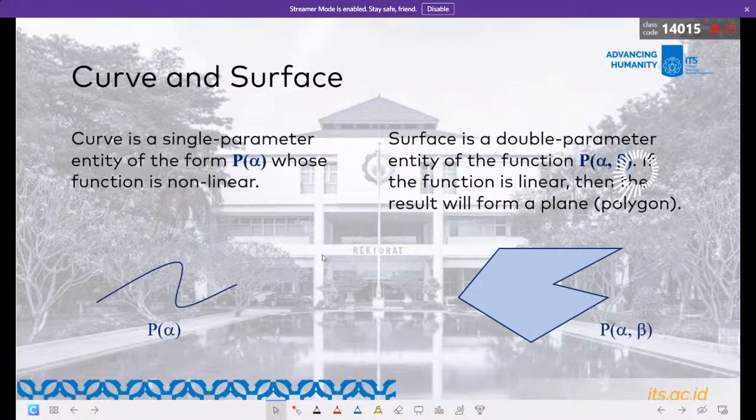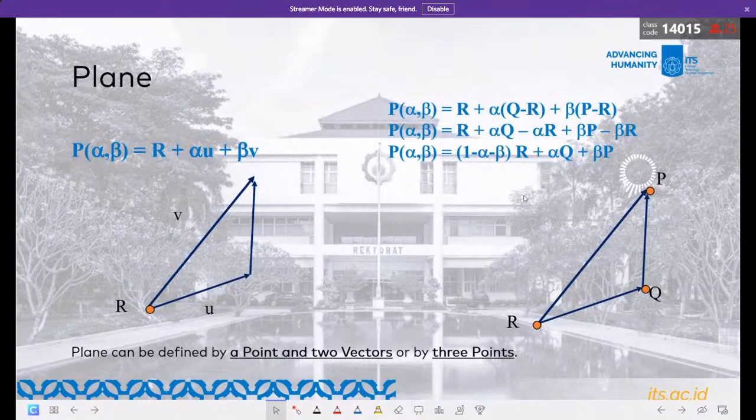And if you want to specify some non-linear function for a surface that will live or exist in 3 dimensions, I believe, then you will need a second parameter. So in addition to alpha, you will also need a beta in this case. And this is to represent a plane.